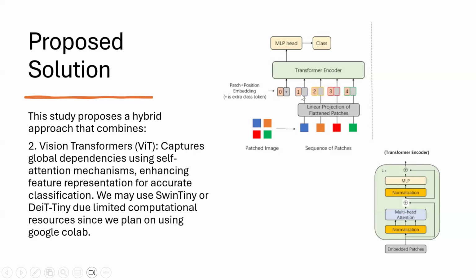What you can see here at the right is the structure of how a vision transformer operates. It starts with patched images. So the initial step of the ViT model, the input image is reshaped into a sequence of 2D patches with dimensions P by P.